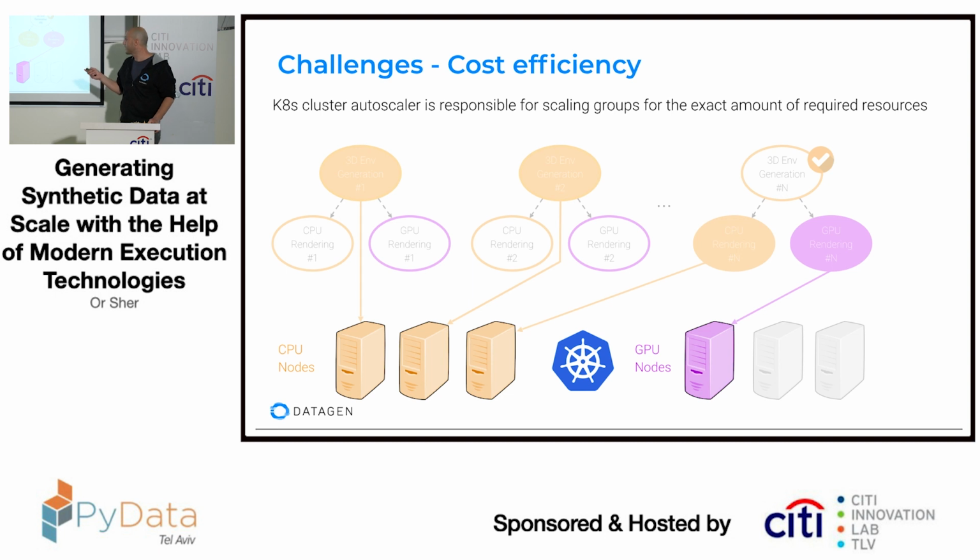So now that we've deployed our infrastructure into AWS using Kubernetes, we were able to leverage Kubernetes Autoscaler, which was responsible for making sure that the number of instances or the amount of hardware we have up and running at each moment is specifically what we need in order to accommodate the tasks that we already sent for execution.